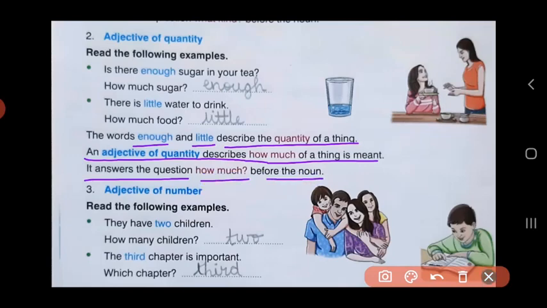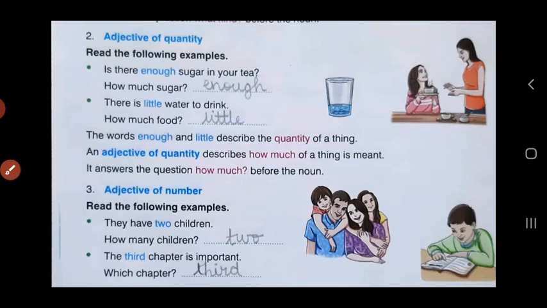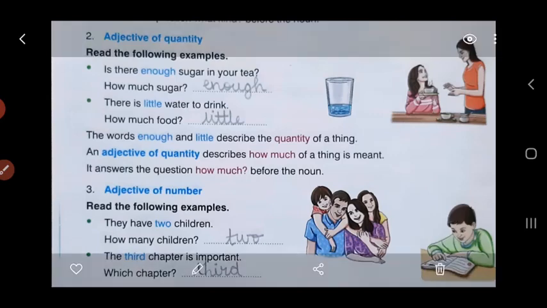So children, whenever in the sentence you have an uncountable noun and before the noun there is a word describing the quantity of the noun and it's answering the question how much, that word will become your adjective of quantity.